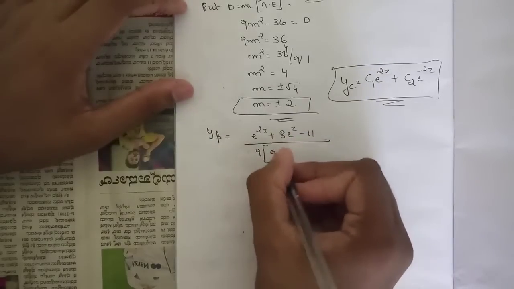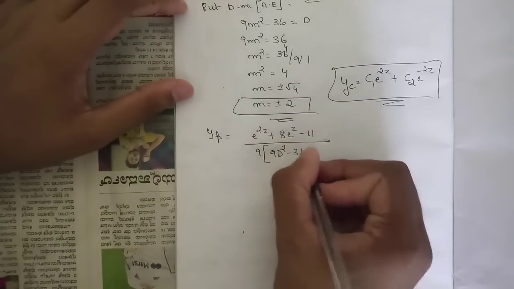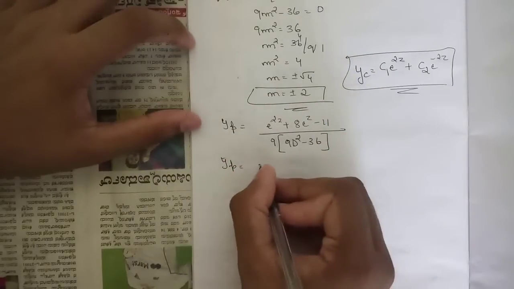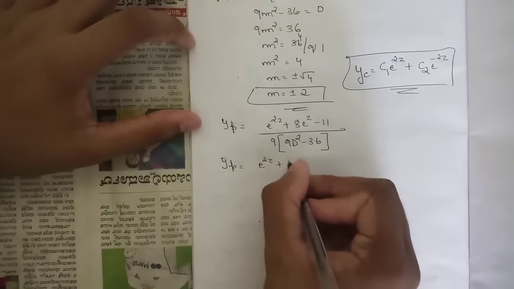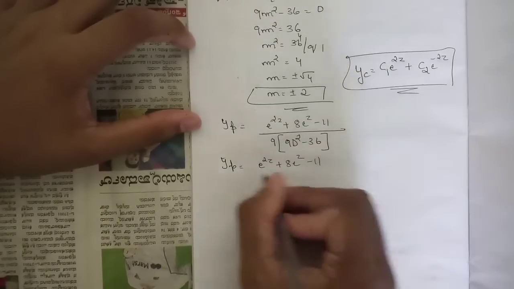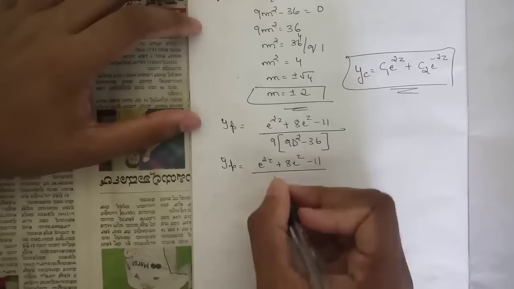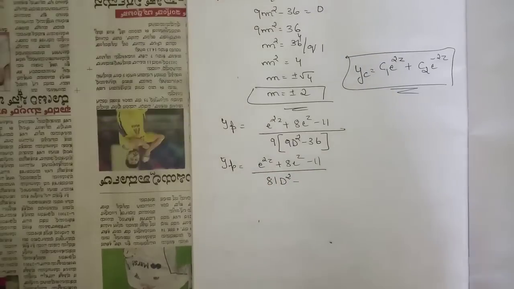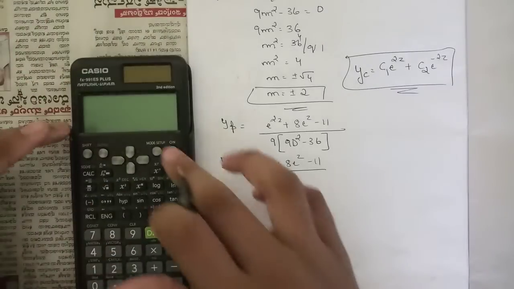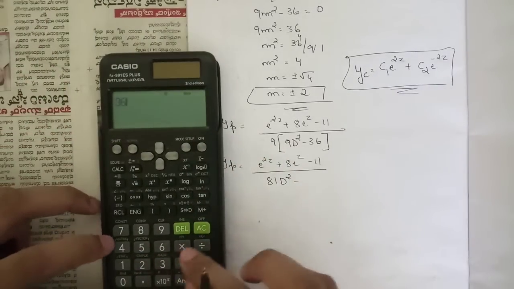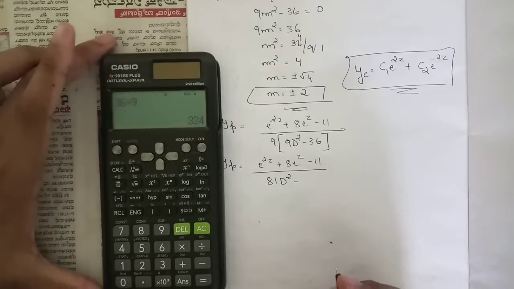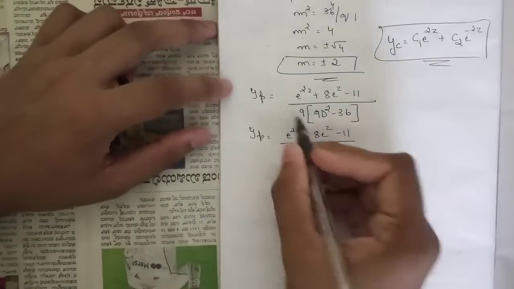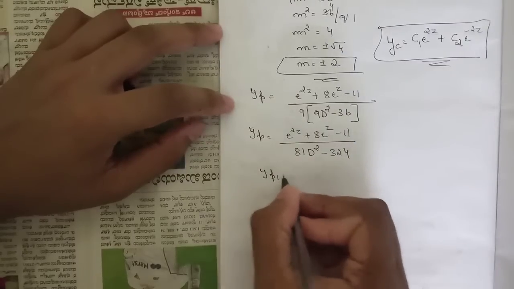Yeah, so f of D is 9D square minus 36, right? e power 2z plus 8 e power z minus 11 is equal to, multiply this by 9, 9 nines are 81D square minus 36 into 9. So 36 into 9 is equal to 324. Okay, yeah, so now we need to solve this separately to find yp1, yp2 and yp3.